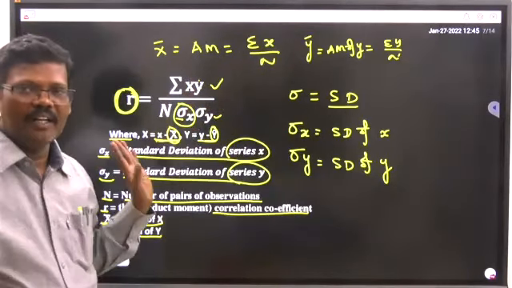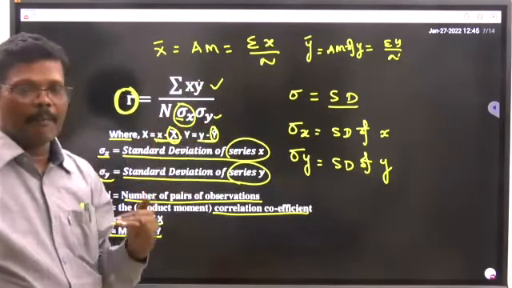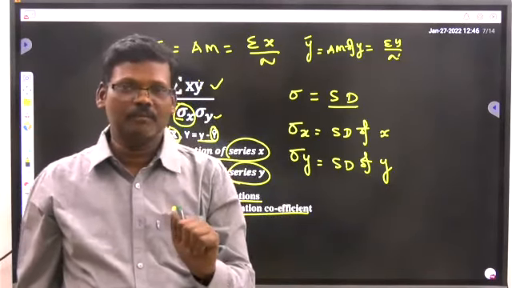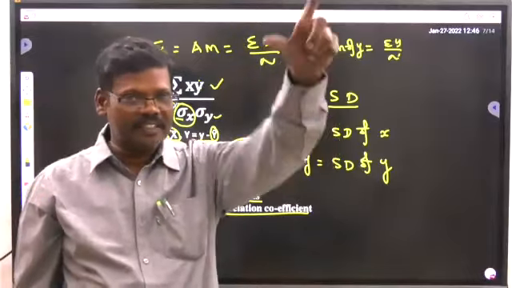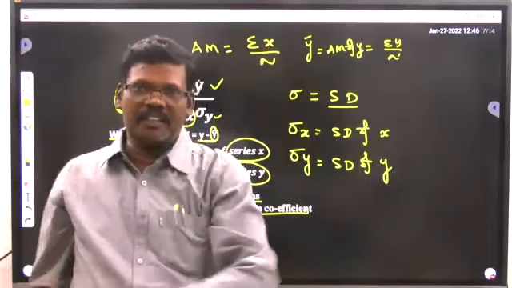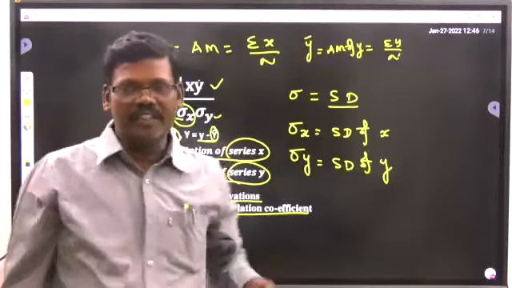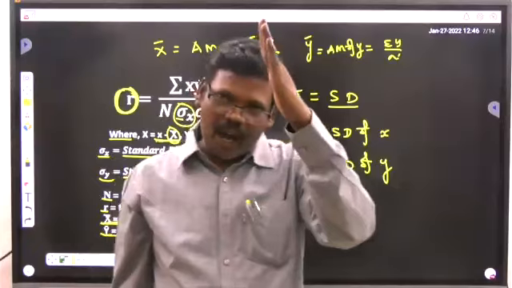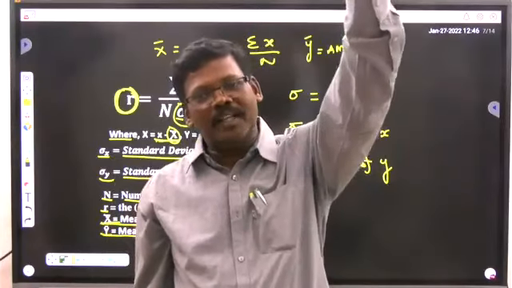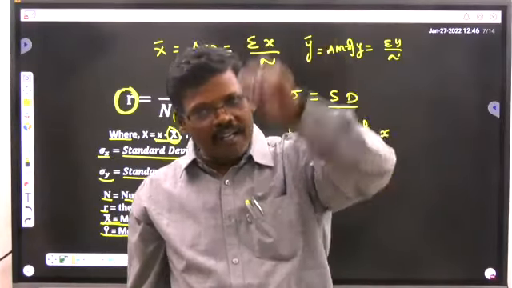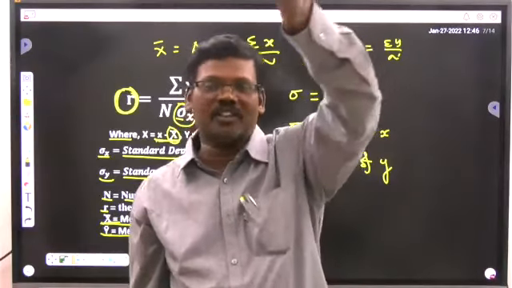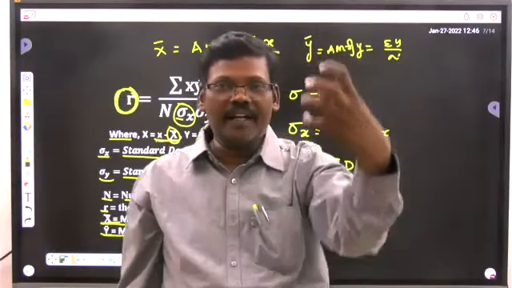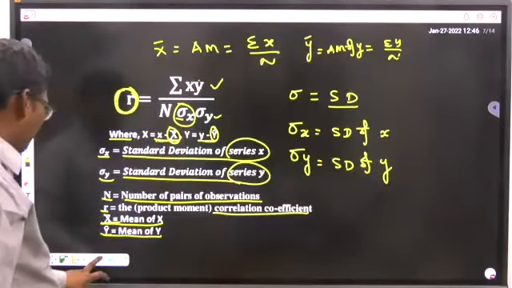Then we need the standard deviation for both series, the x observations and the y observations. We already discussed how to find the arithmetic mean and how to estimate the standard deviation, so based on that we can use this formula.